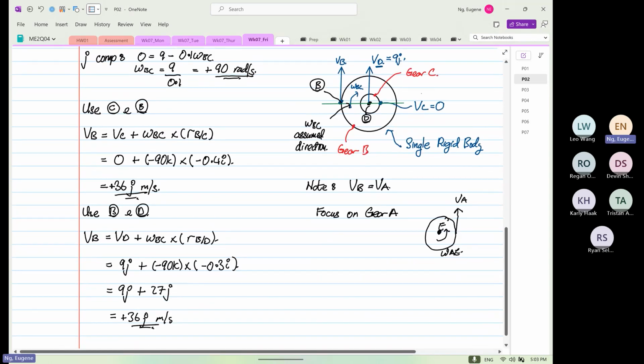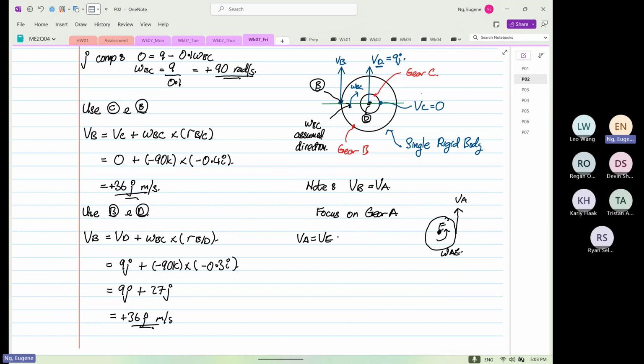So again, same formula. VA is equal to VE plus omega AE cross RA from point E. We know that VE is equal to 0. Sorry, we know our VA. VA is equal to 36J.